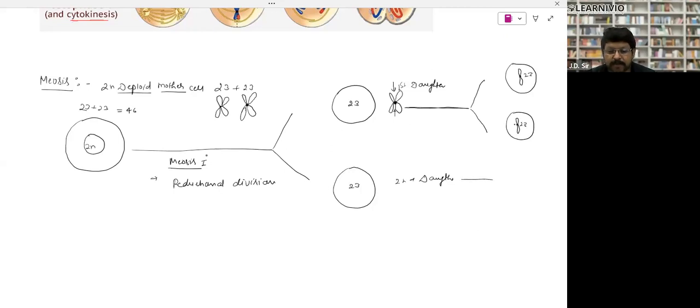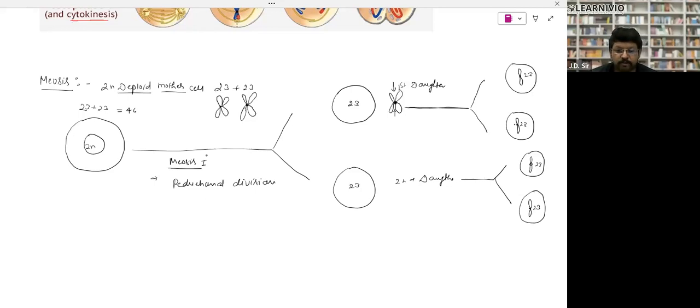The same way will happen over here. 23 chromosomes, this one. 23 chromosomes, right?